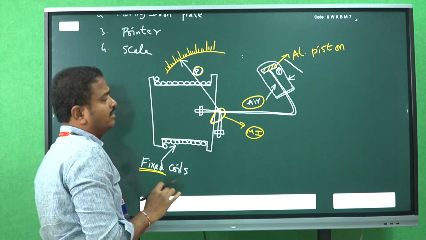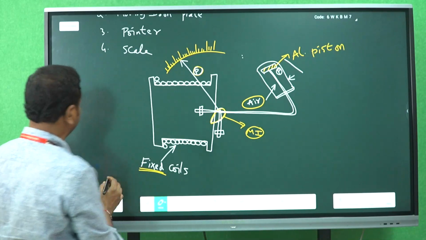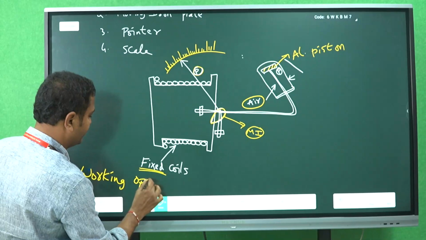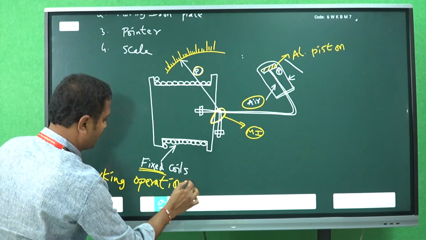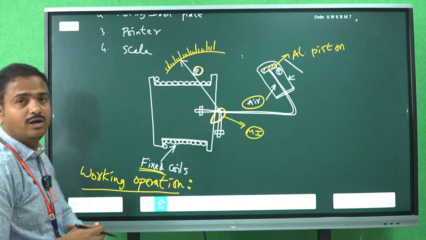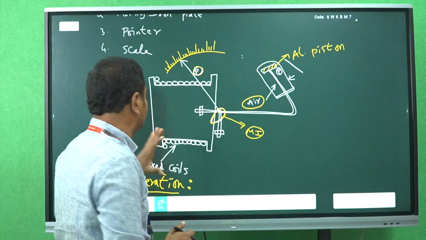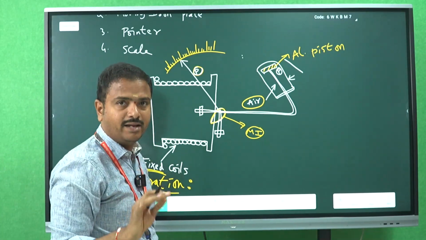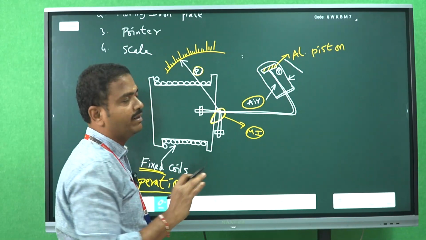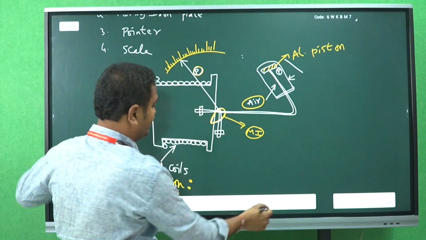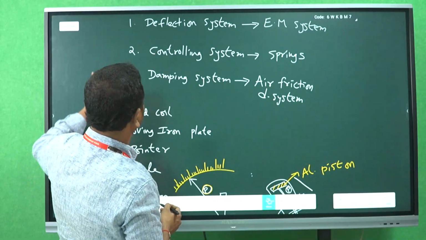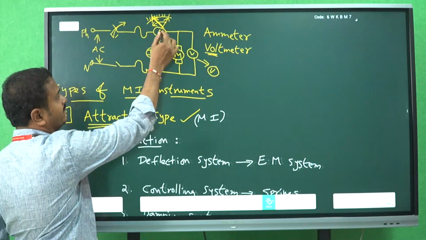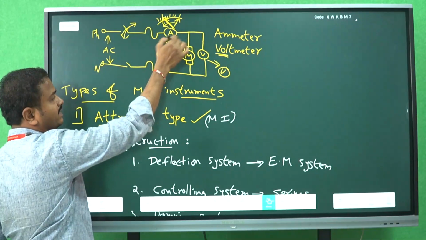So now coming to working operation. Whenever this instrument, for example an MI type ammeter, is connected in a circuit, just like the previous one, this is the ammeter connected in the circuit.